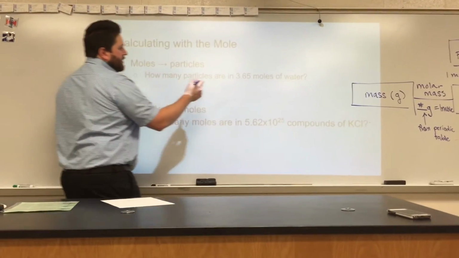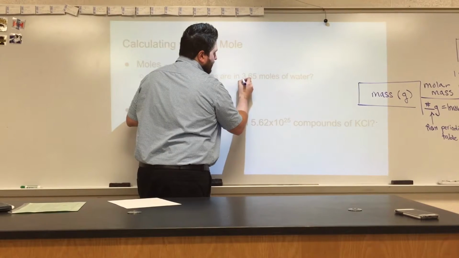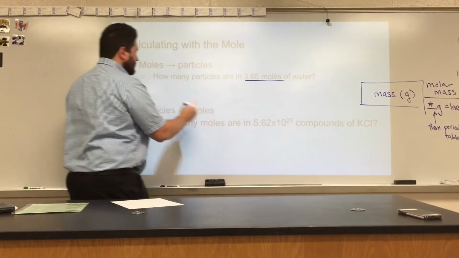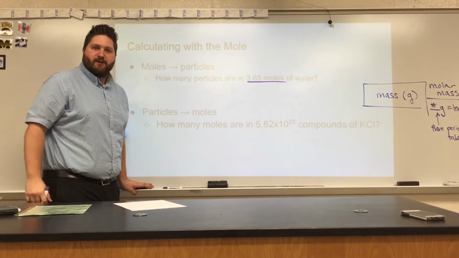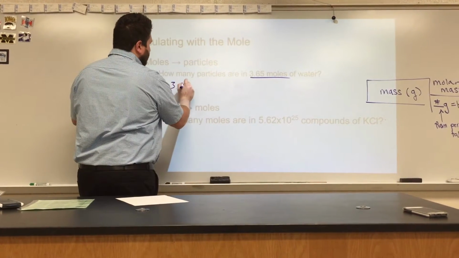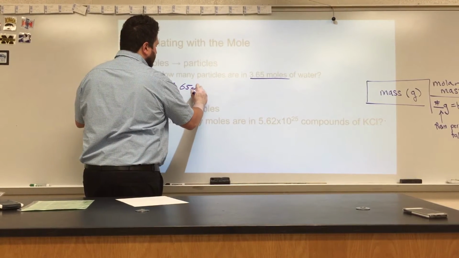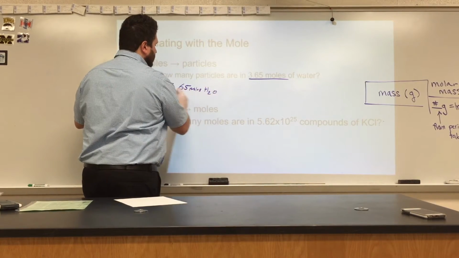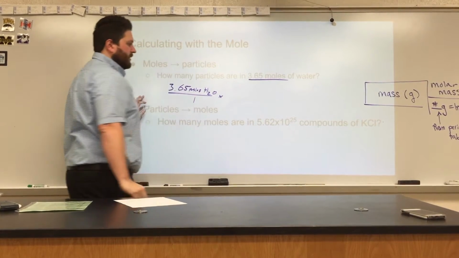Well, if we're trying to figure out how many particles of water there are in 3.65 moles, did you pick water for me as my example? You know it. Oh, thank you. 3.65 moles of H2O is what we're starting with.